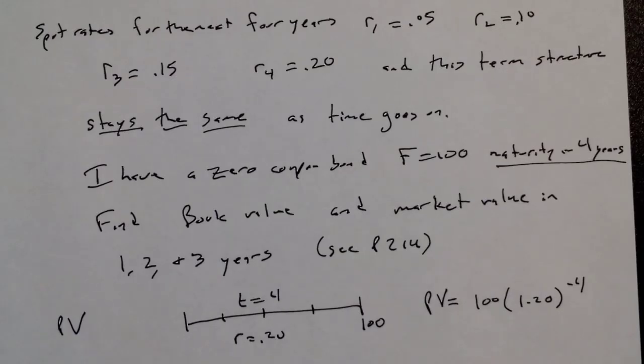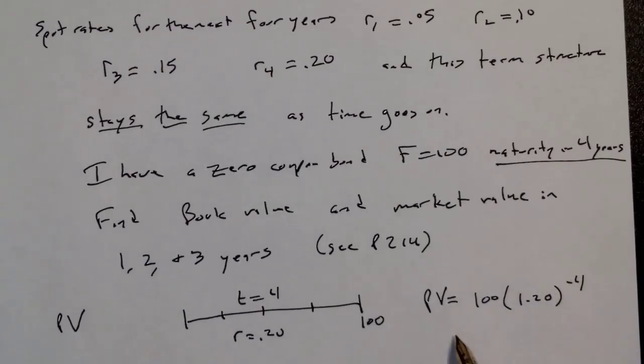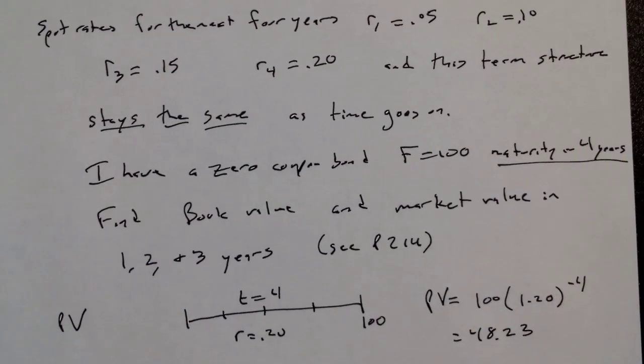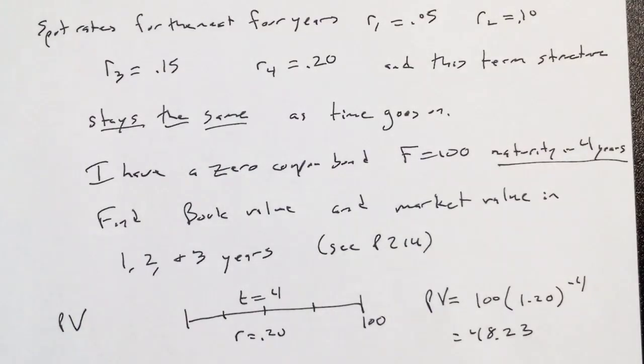That's how much I should pay today for this bond. Which is how much? Say again? 48.23. Now that also happens to be the book value. So that's market value and book value. They're tied at this point.